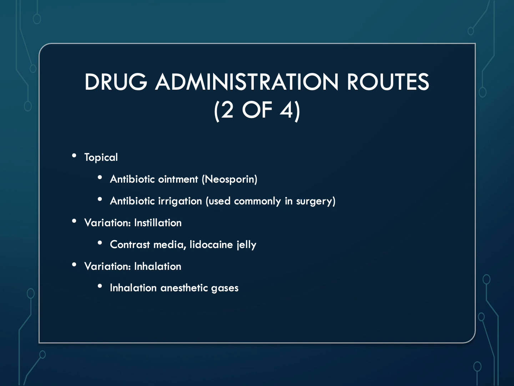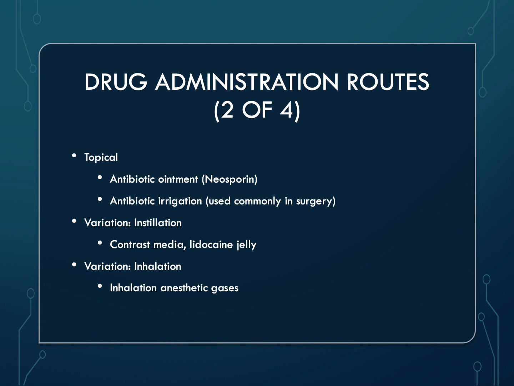An example of a topical medication that works at the site of application is steroid cream or maybe some antibiotic ointments. Topical medications that have a systemic effect mean that they're going to have an effect on the entire body.